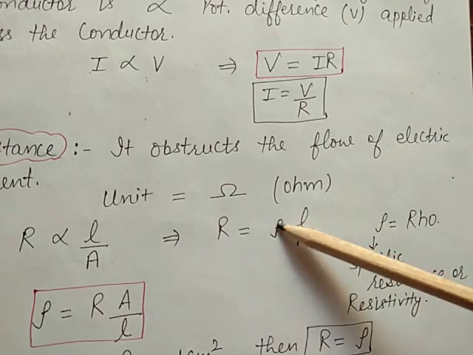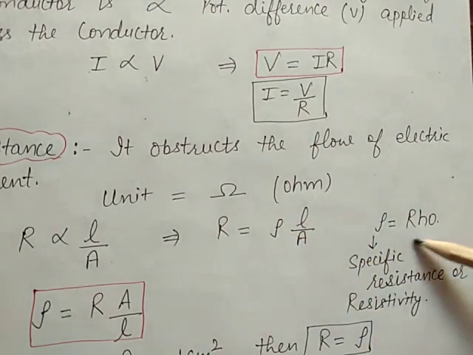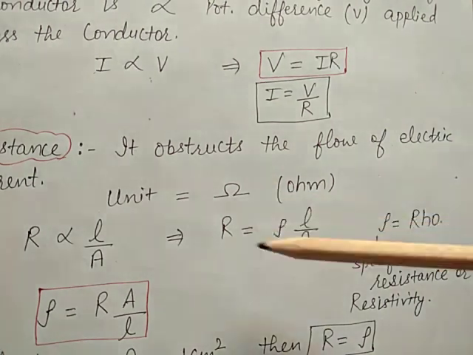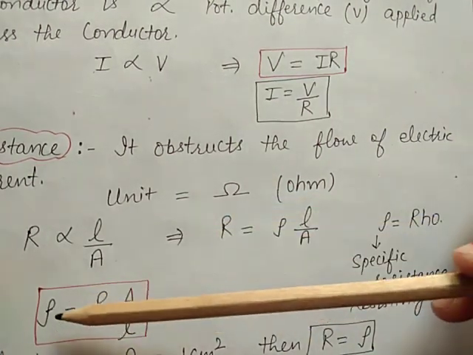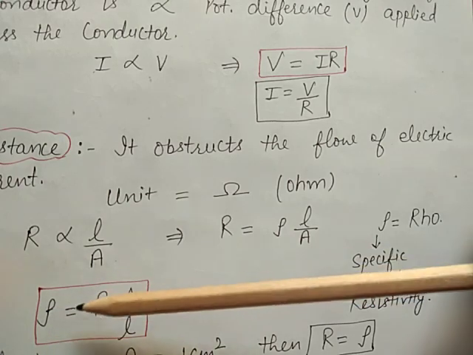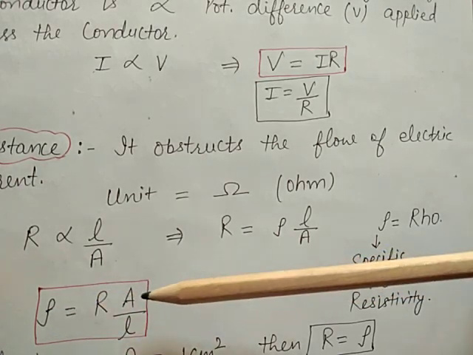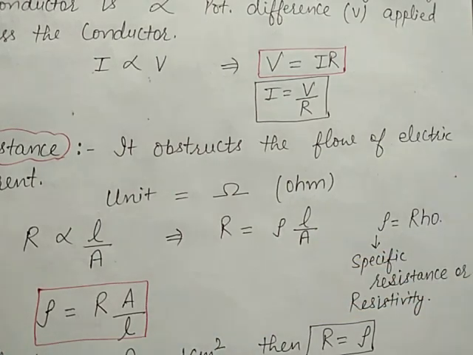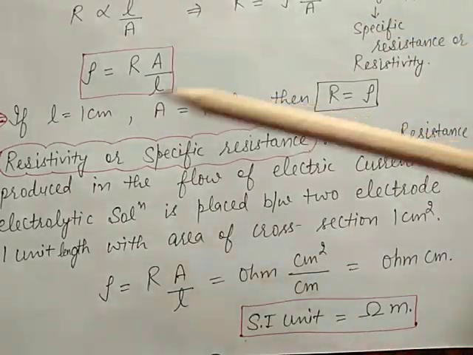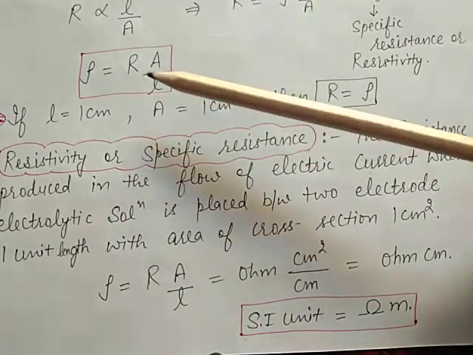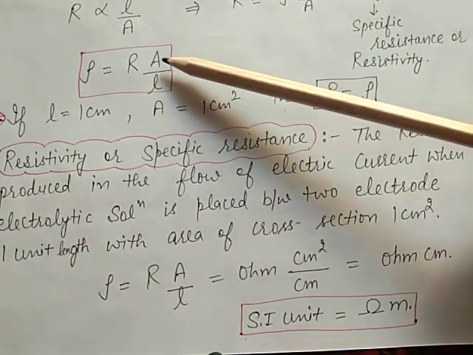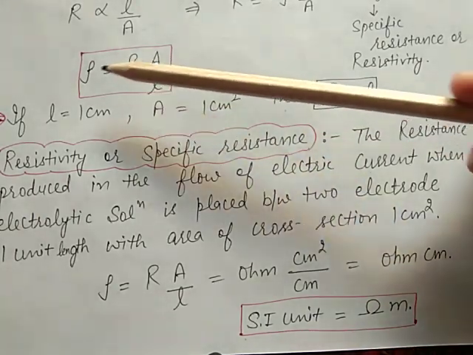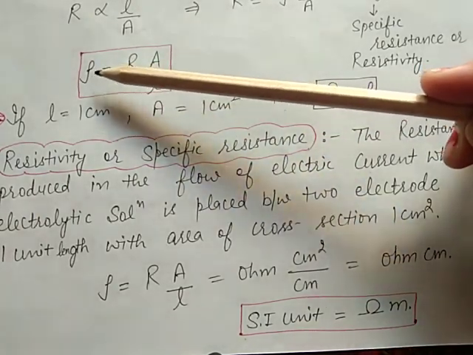Its symbol is this, and it is called rho. Then we can easily calculate rho, that is equal to R into A by L. Means if length is 1 centimeter and area of cross section is 1 centimeter square, then R is equal to rho.